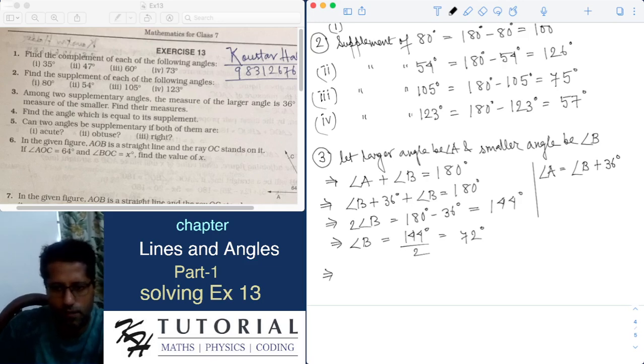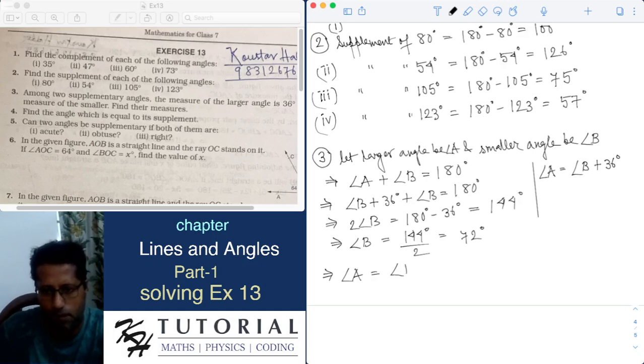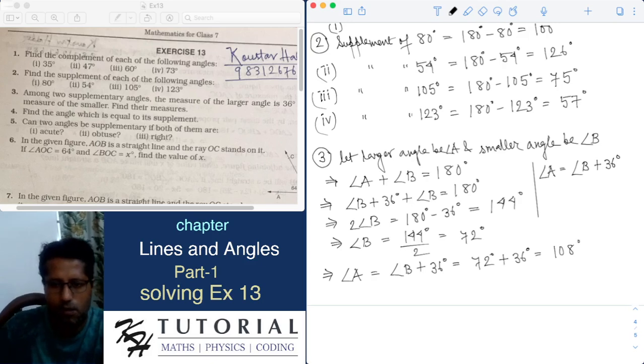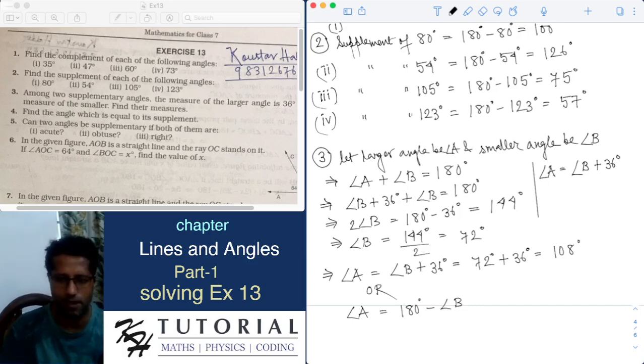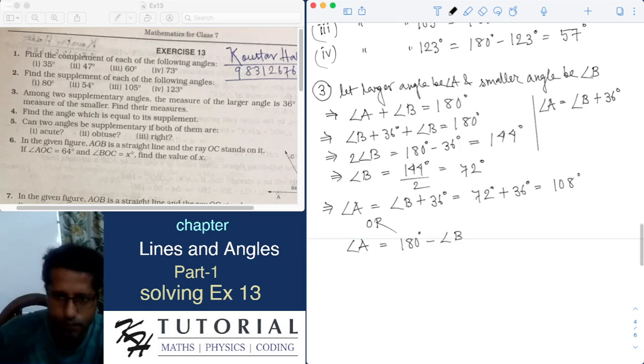So the larger angle, angle A, you can either solve as smaller angle plus 36. So this is 72 plus 36, which is 108, or you can say that angle A is equal to 180 degree minus angle B, because angle A and B are supplementary angles, their addition should be equal to 180 degree.